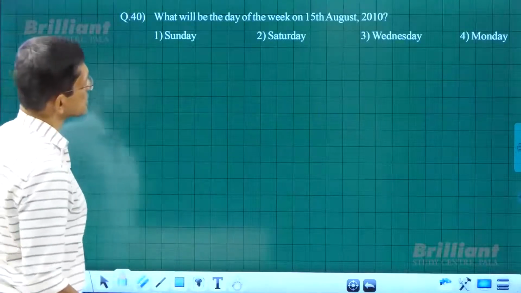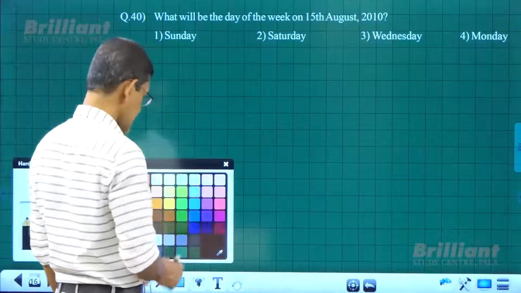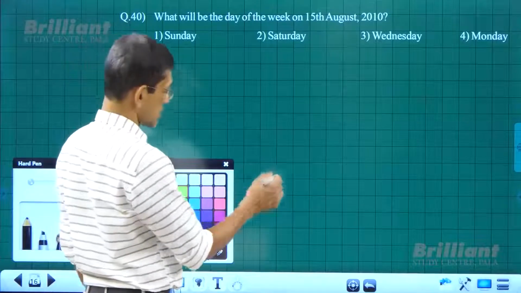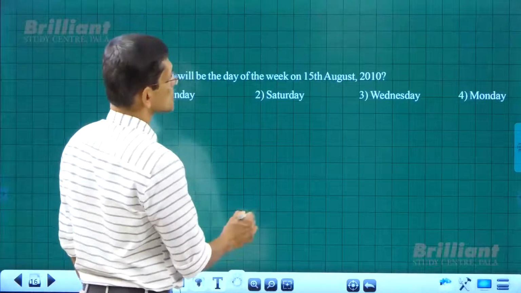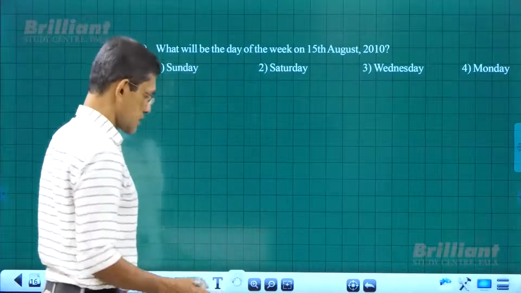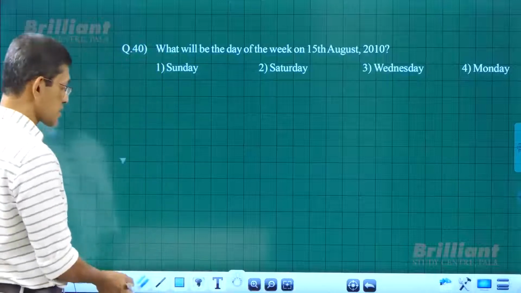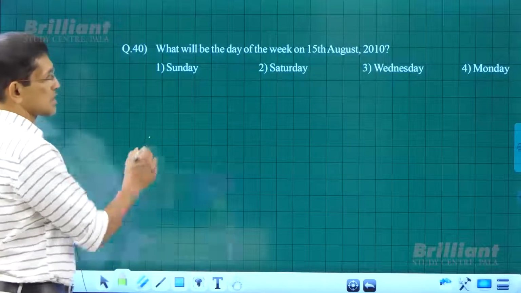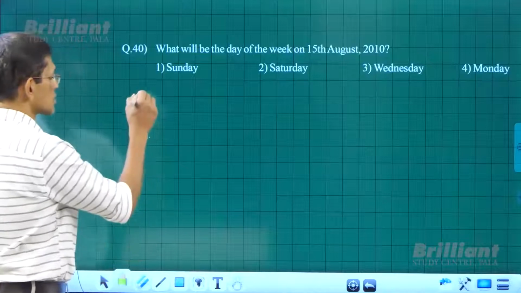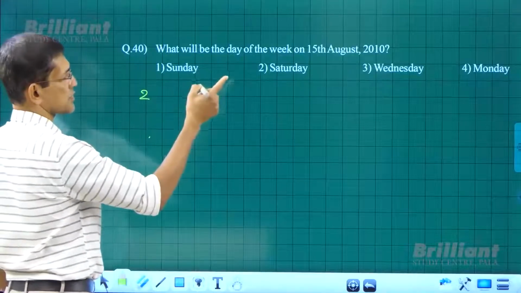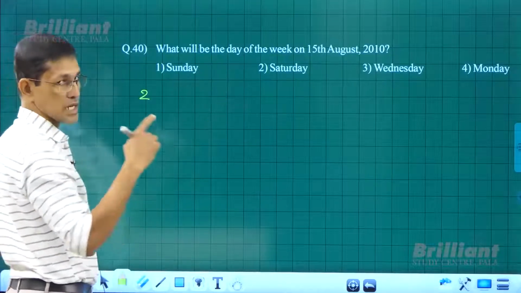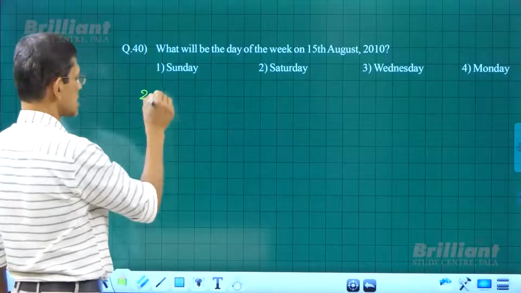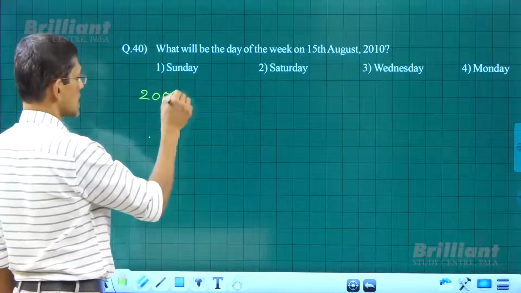We have a similar question here. In this case, we have 15th of August 2010. Okay, so if it is 2010, we do a similar method here. How many years are completed? 15th August 2010 is the date we are looking for. So how many years completed? 2009 years completed.